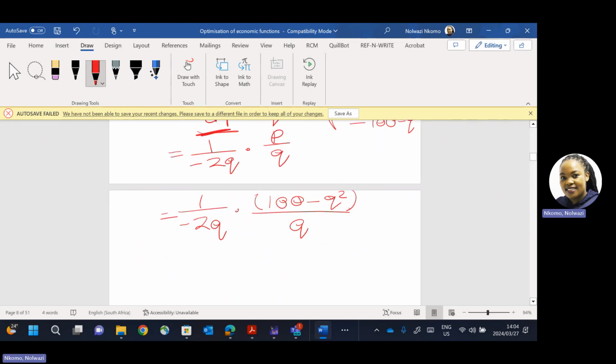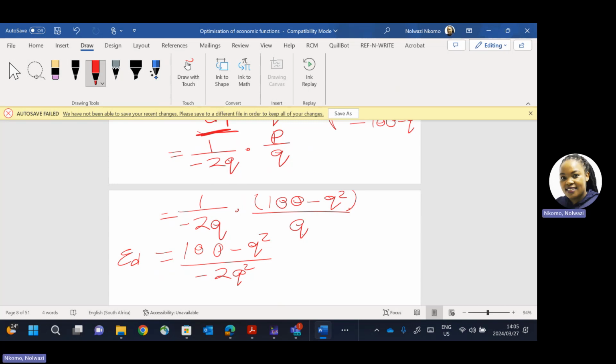And this will give us 100 minus Q squared over minus 2Q squared. This is our point elasticity of demand.